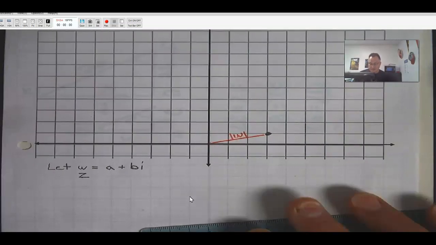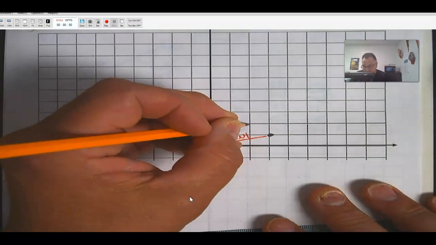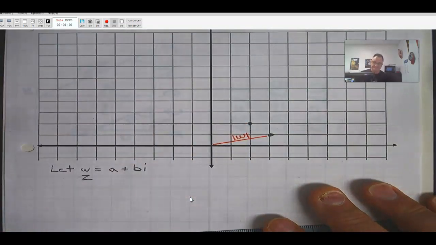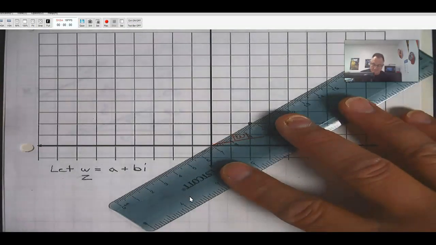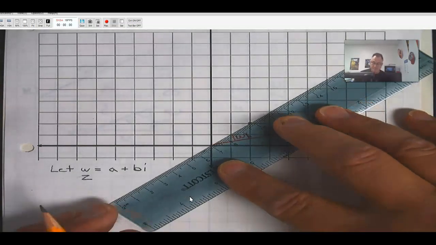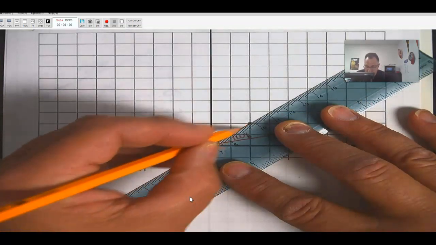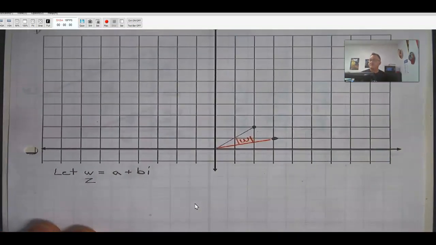So that we all draw the same one, let's put Z at 2, 2. And just kind of faintly, that's Z. We're going to be coloring that a different color here in a few minutes.